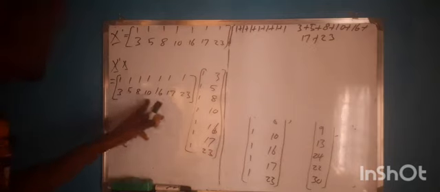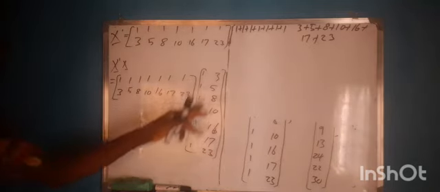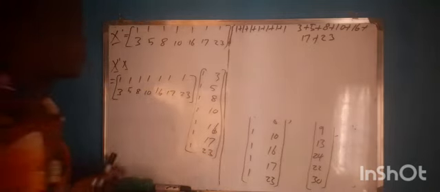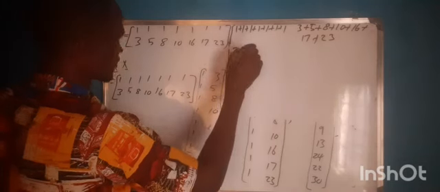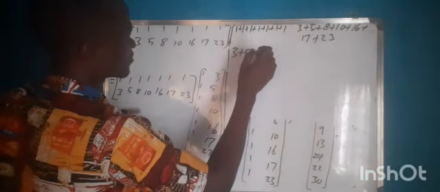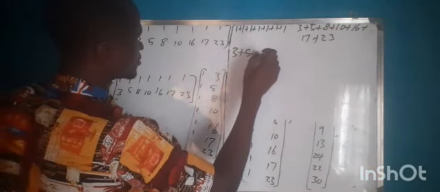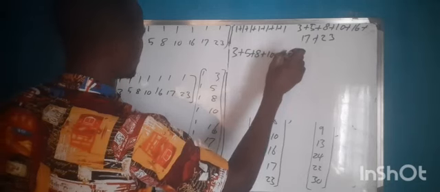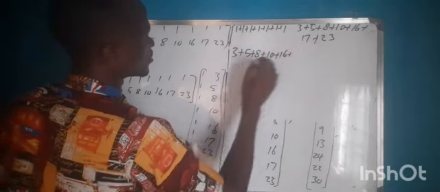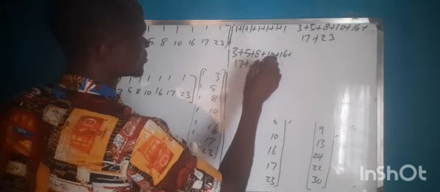Now we use the second row and multiply the first column and take the sum. This gives 3 times 1 is 3, plus 5 times 1 is 5, plus 8, plus 10, plus 16, plus 17, plus 23.